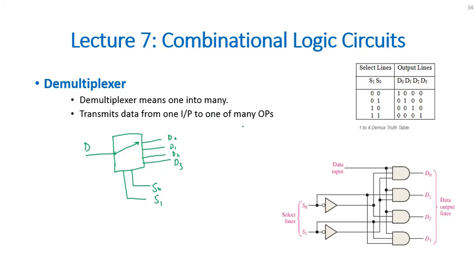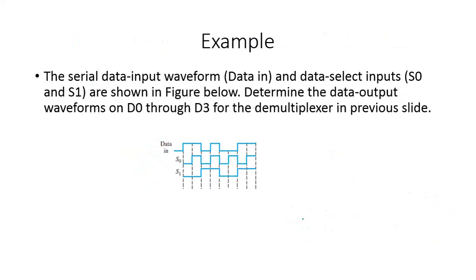So this is the main purpose of the demultiplexer. In circuit form it can be shown as we have the data selection bits S0 and S1, the data input, and it can be connected to either D0, D1, D2, D3 based on the values of S0 and S1.